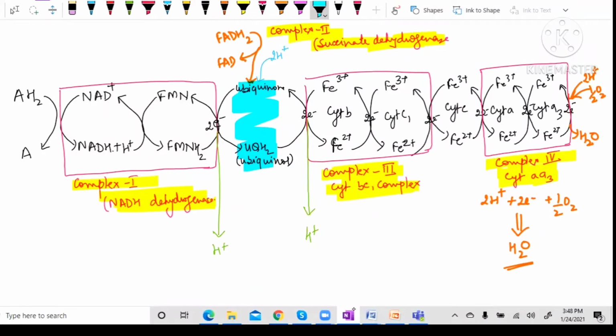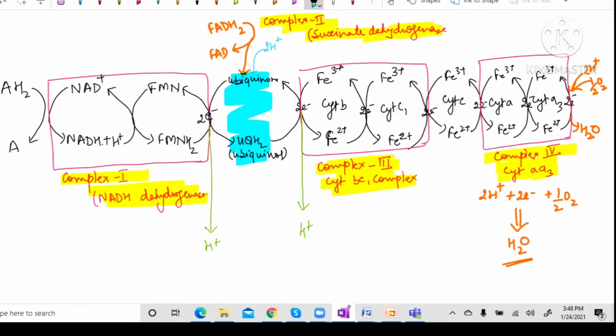Is it clear? And ubiquinol, they are saying in the NCERT, is getting oxidized by giving its electron to C by BC1. So the sequence is clear, na? BC1, then it is going to give it to C. So this is your mobile carrier. Cytochrome C is the mobile carrier between 3 and 4.